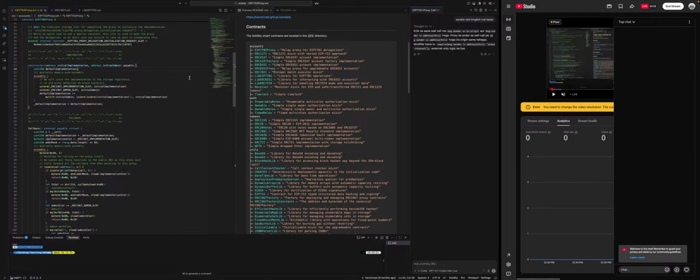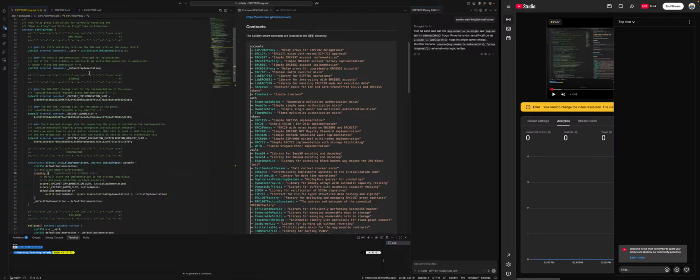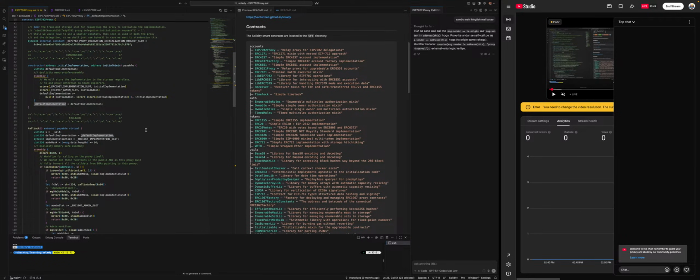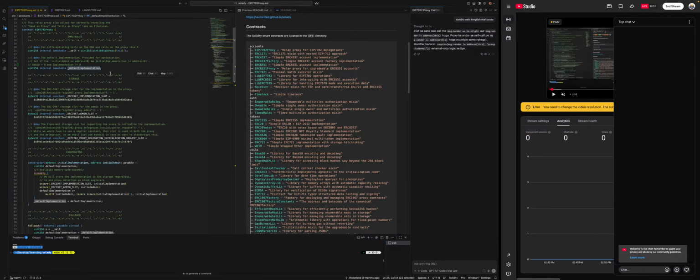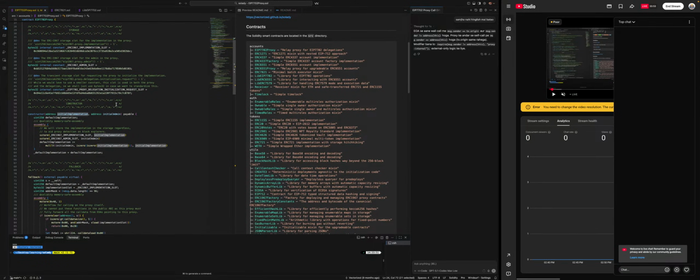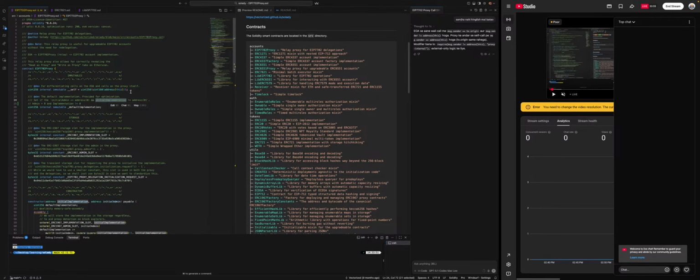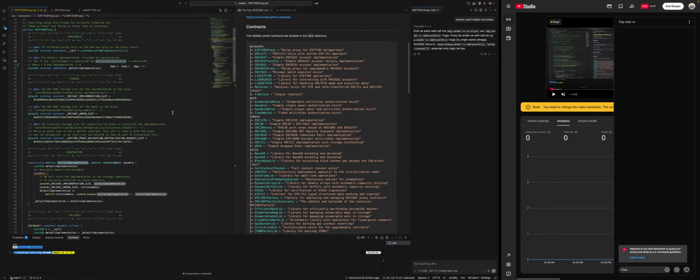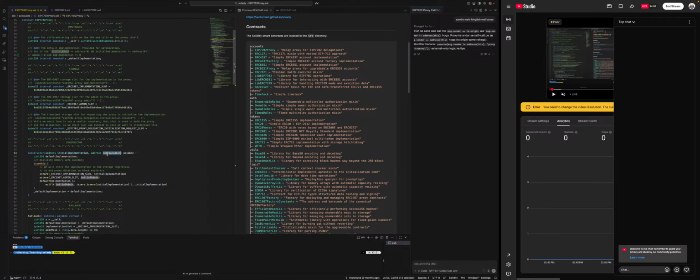And then we have a constructor which is taking the initial implementation. So default implementation. Okay, that was the default implementation. So if the initial implementation is not 0, okay, assembly.